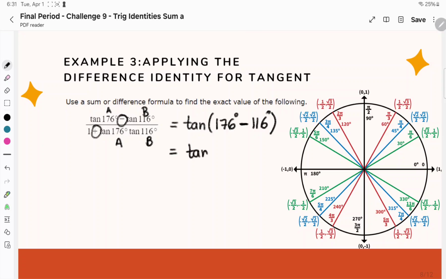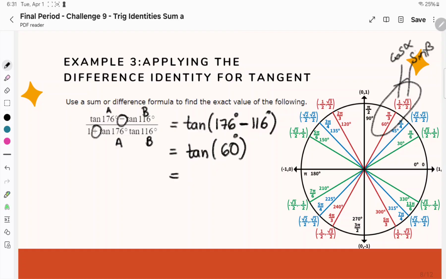This is going to be equal to tangent of 176 minus 116, which is 60. So tangent of 60. And you're going to say, but miss, well, I can look at my special angle, but I just have the cosine and the sine, right? And I would say, so what? Why?